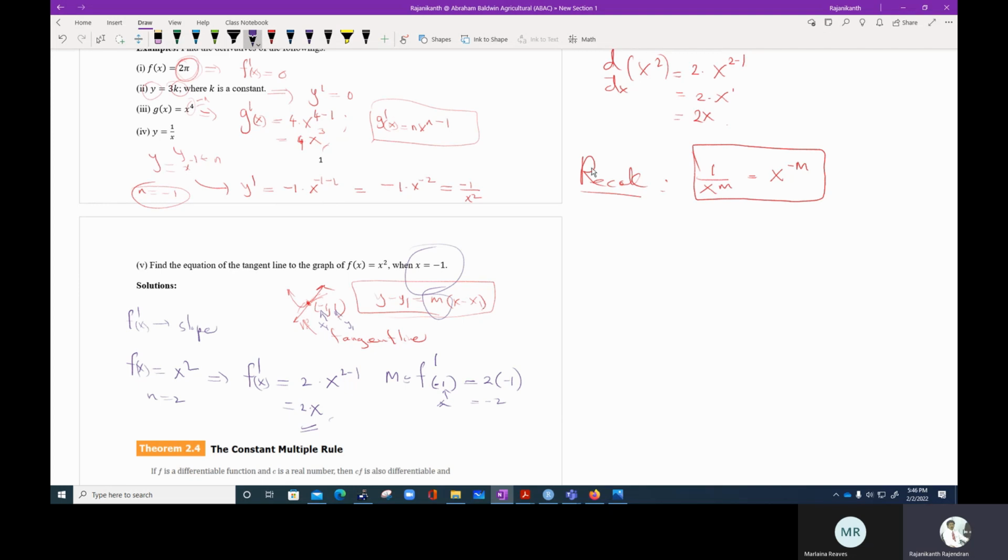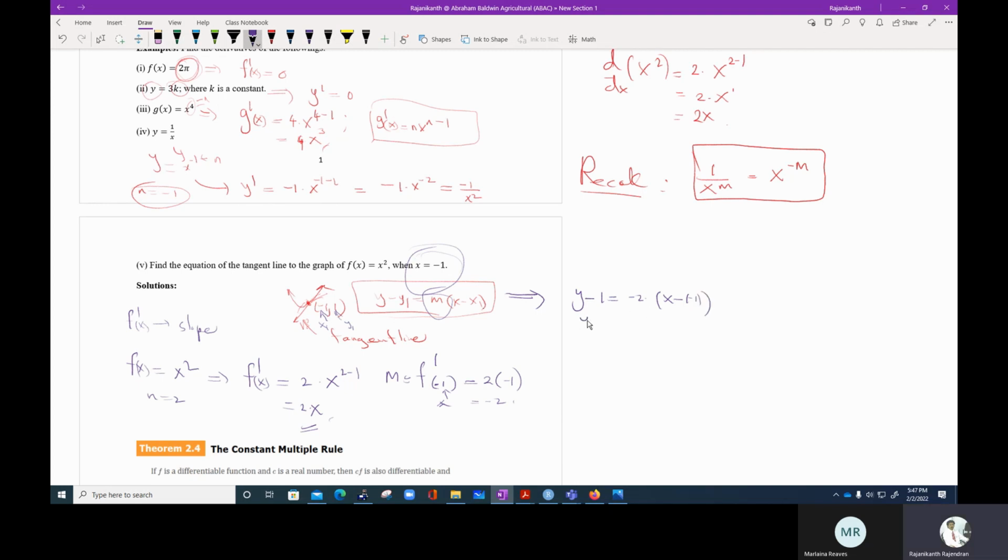Now, that's it. Use this formula for the equation. Y minus y1, where y1 is 1. The slope of the line we just got is negative 2. Times x minus x1, the point given, which is negative 1.